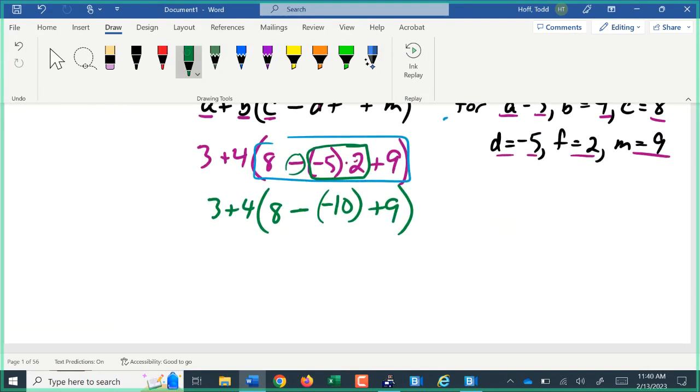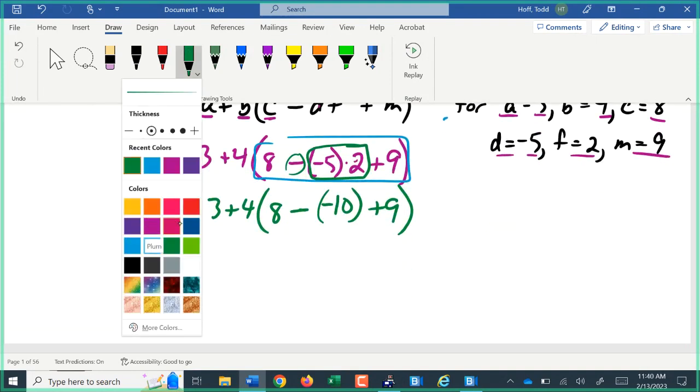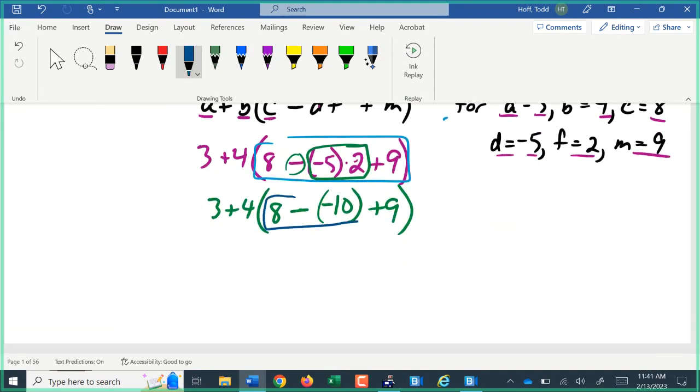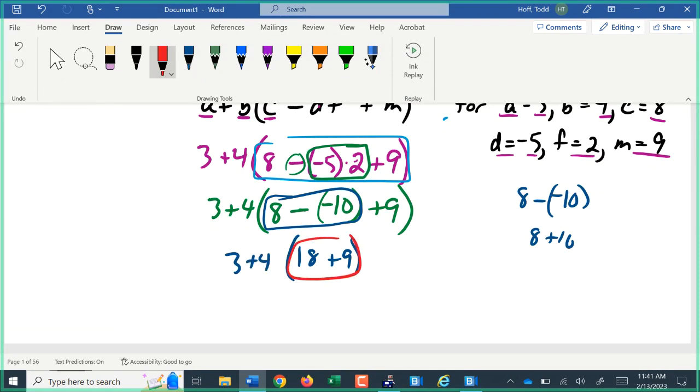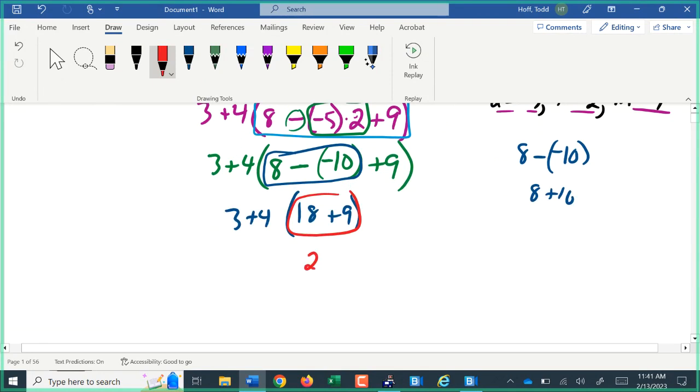Now I'm still working inside the parentheses. I'll do 8 minus a negative 10. Now 8 minus a negative 10 becomes 8 plus a positive 10. So that's just 18. And then finally I finish off the parentheses by doing 18 plus 9 is 27.